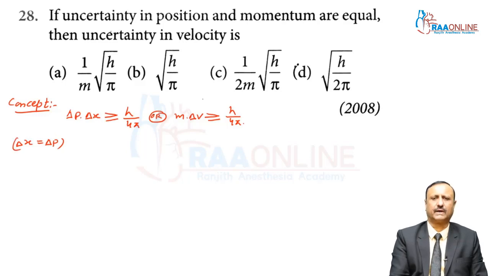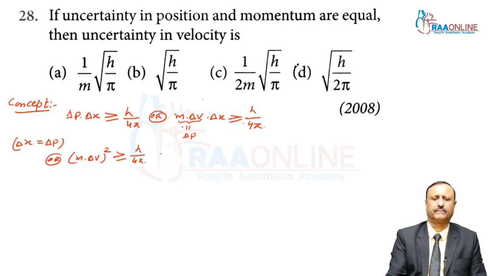It means delta X squared, with m into delta P into delta X, and delta P is equal to delta X. So you can write this as a square of m into delta P. So you can write m into delta V squared is equal to h upon 4 pi.